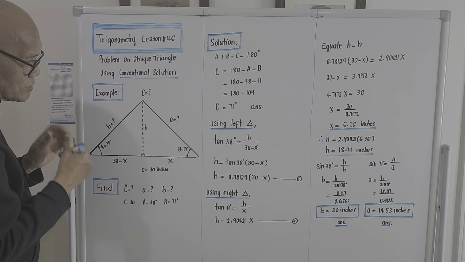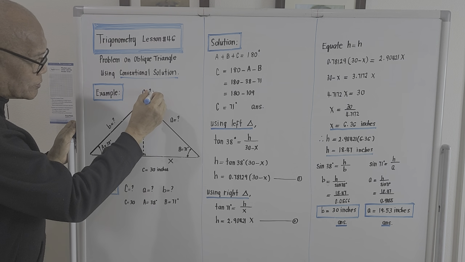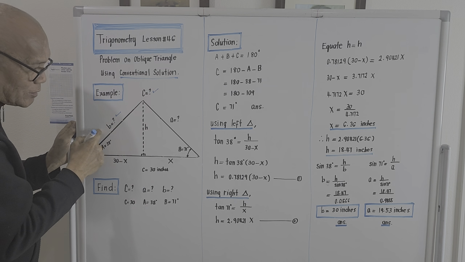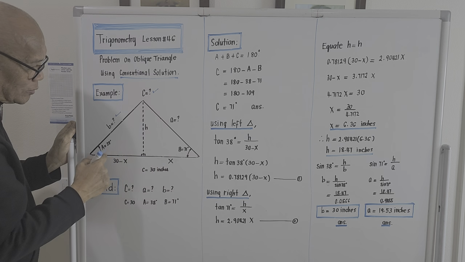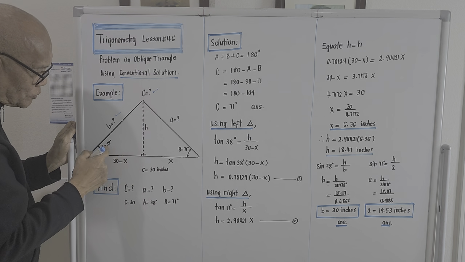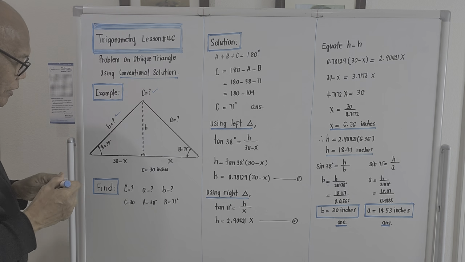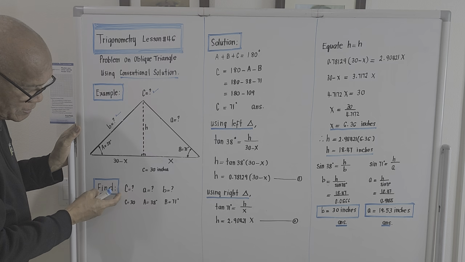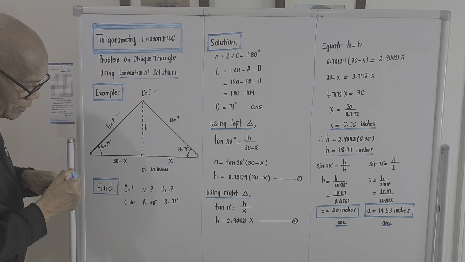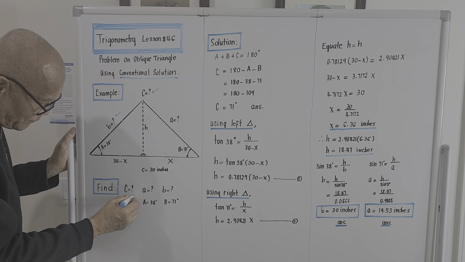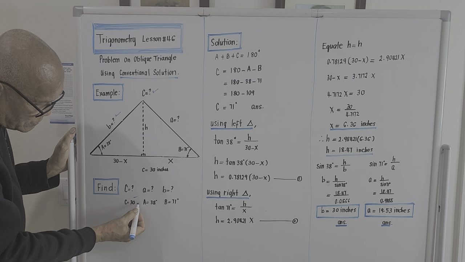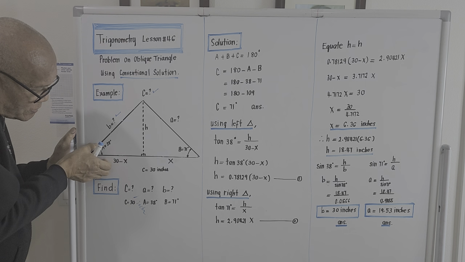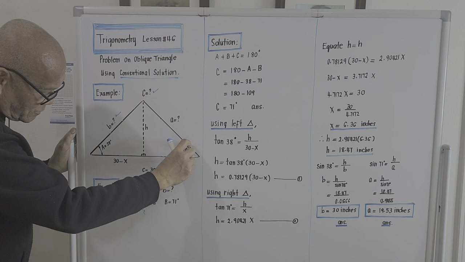The problem is asking what will be the value of angle C, the value of side B, the side opposite angle B, and the value of side A, the side opposite angle A. So we try to find angle C, side A, and side B, and we are given side C, 30 inches. Angle A is 38 degrees and angle B is 71 degrees.